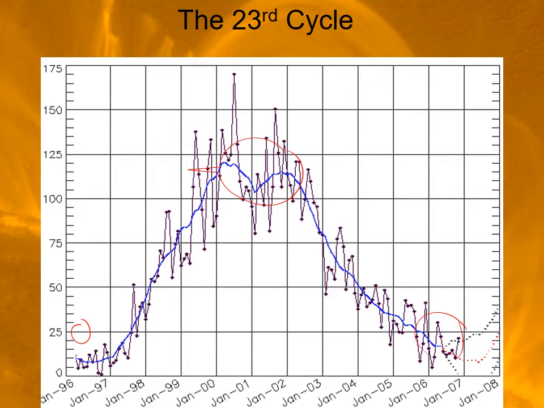Notice that because the Zurich number is number of spots plus 10 times the number of groups, if you have one spot on the sun, the spot number is 1 and the group number is 1. So the relative number would be 1 plus 10 times 1, in other words, 11. So the smallest number you can get for a sunspot number is 11. Anything less than that is 0.